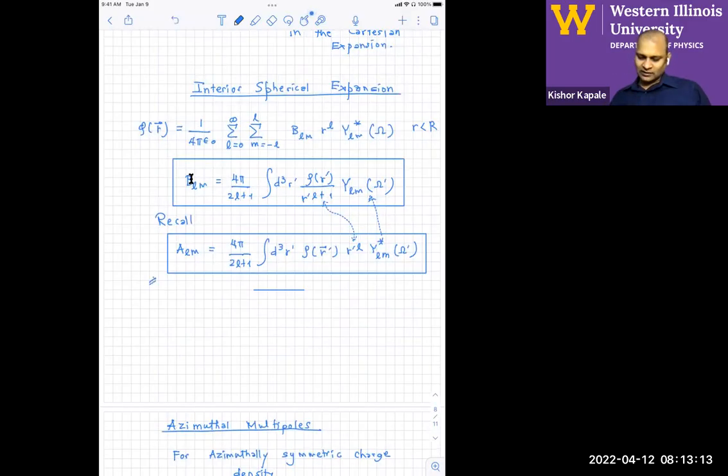What does it entail? You have 4π over 2L plus 1, the volume integral of the charge density, r' to the L, Y_LM star(Ω'). So that's exactly what we're using. The only thing we did here is split the d³r' integral into dΩ' dr' multiplied by r' squared to get things correct.